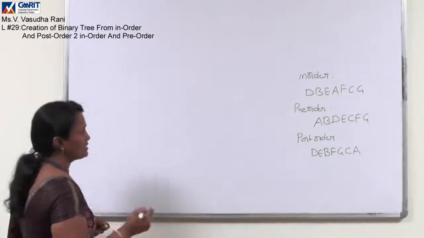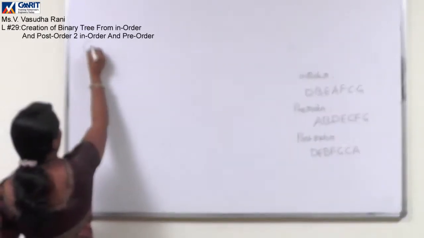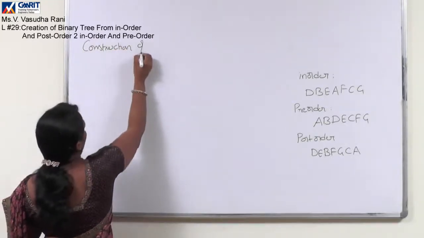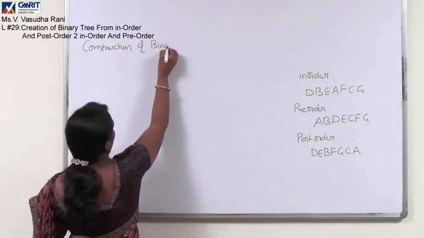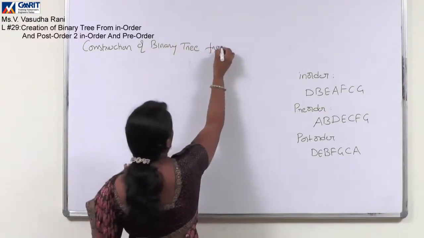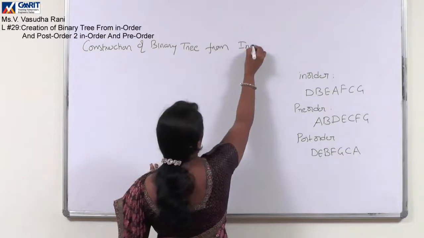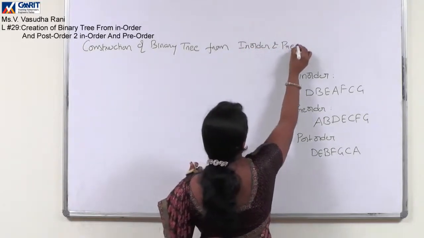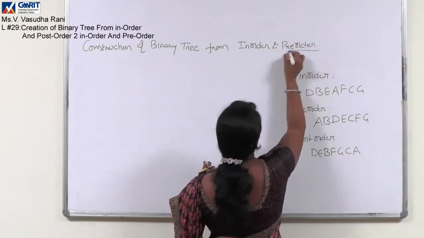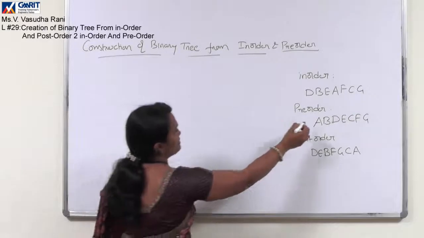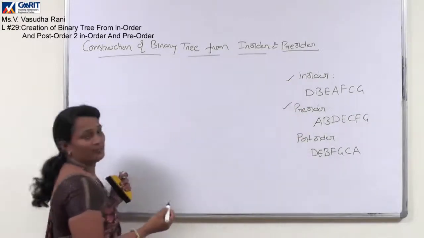Now first let us take the case of construction of a binary tree from in-order and pre-order traversal sequences. Let us take this particular example.